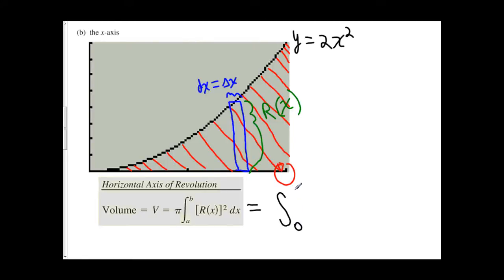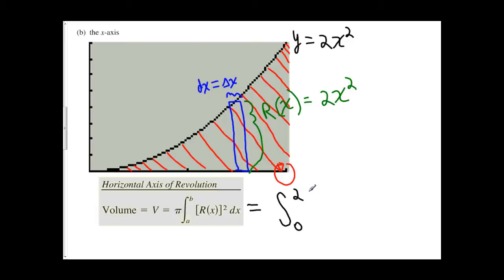So this integral is from 0 to 2 of the r of x squared. Well, the r of x in this case is just the height of this representative rectangle, which is actually the functional value, the y value if you plug in an x value, which in this case is only 2x squared. It's the original parabola there.